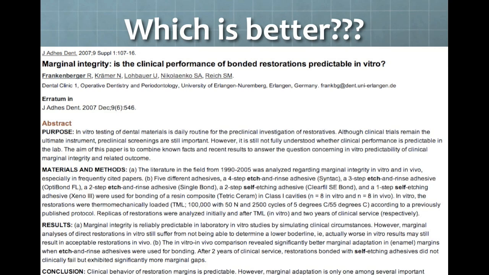Now, this is another study comparing etch and rinse strategies to self-etch strategies. And it found that the etch and rinse is superior to self-etch. They had better marginal seal, better marginal adaptation, but interestingly in 2 years neither of these restorations failed. The 3-step or the self-etch, they didn't actually fail, but the seal was better.